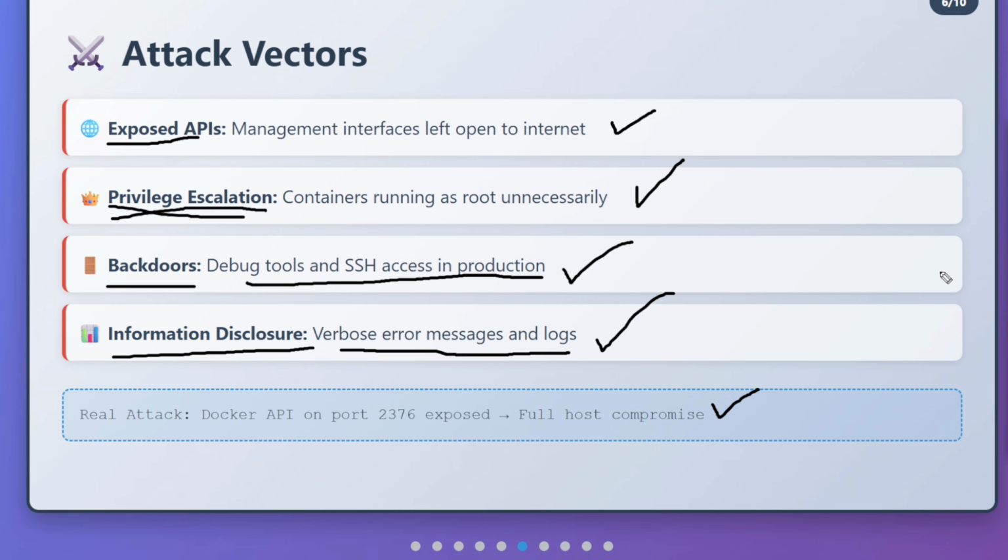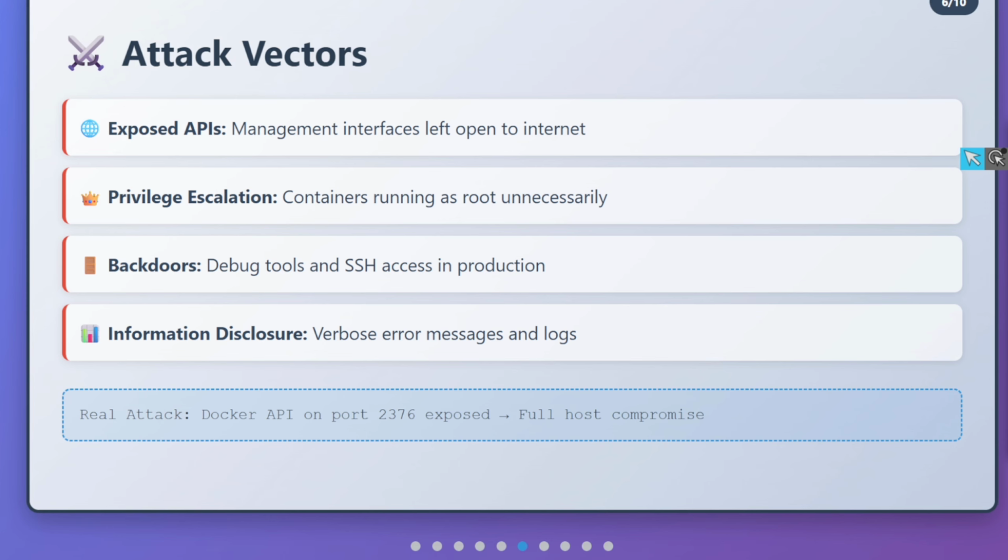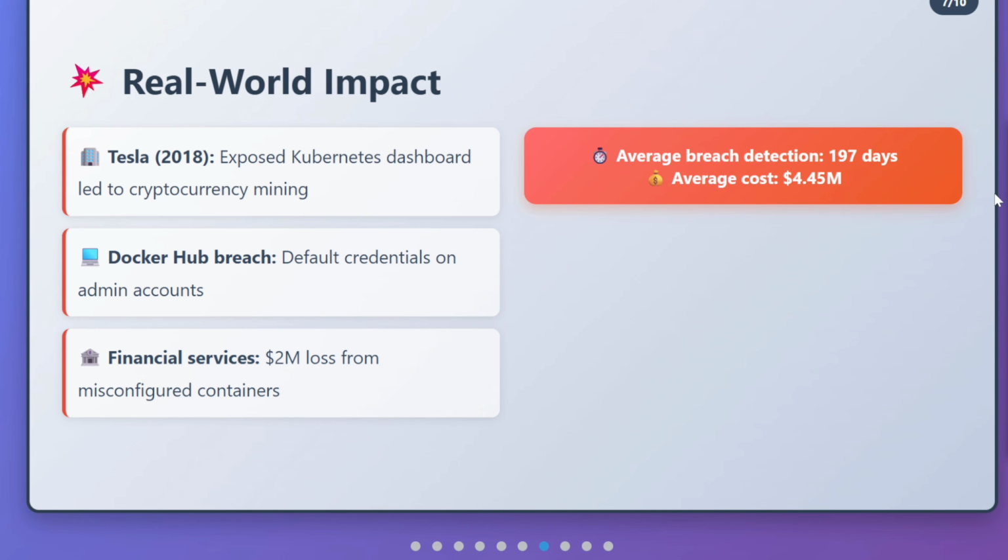Okay, moving further, we will be discussing the real world impact of D07, D03. Here are some examples. Let's go one by one. The first example was Tesla 2018, where an exposed Kubernetes dashboard led to cryptocurrency mining.